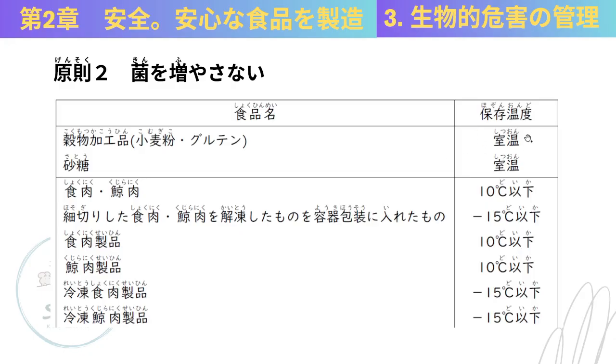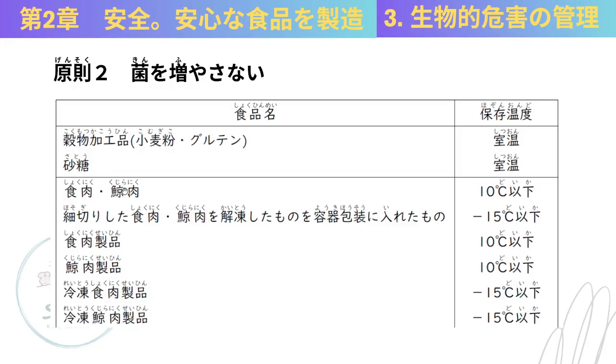So we can store them at room temperature. For grain or rice, we need to store them at room temperature. That is the same thing for sato. Sato is sugar. Sugar, we can store at room temperature.